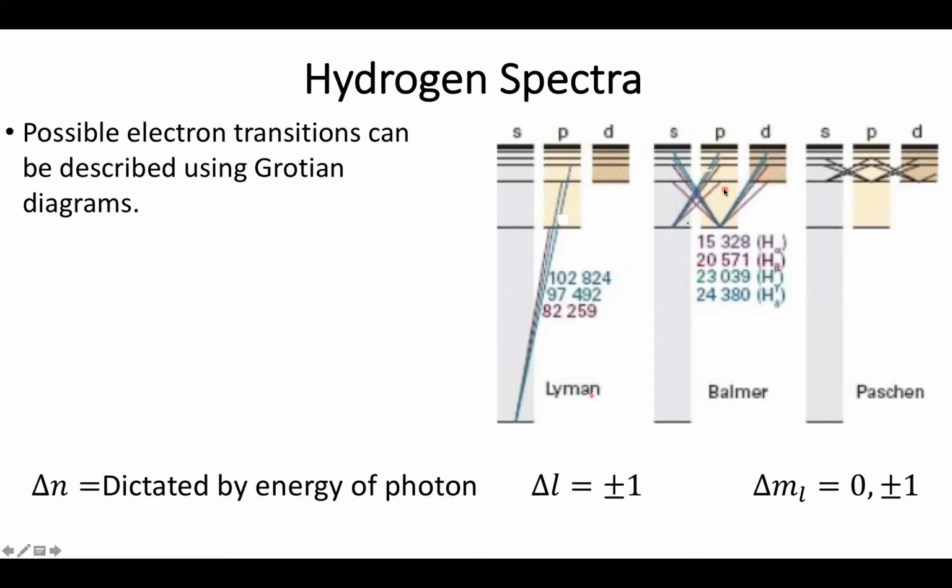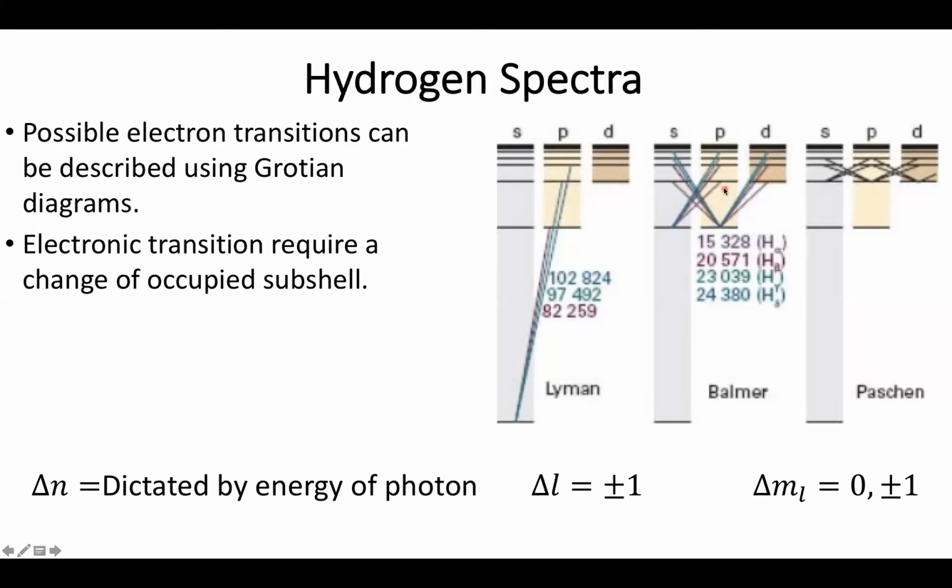So a good way of summarizing what can happen here is that an electronic transition, when driven by a photon, requires a change of the occupied subshell. Again, only by 1, so S can go to P, P can go to S or D, and D either goes to P or F. So we now have a much more restricted set of electron excitations that are possible.